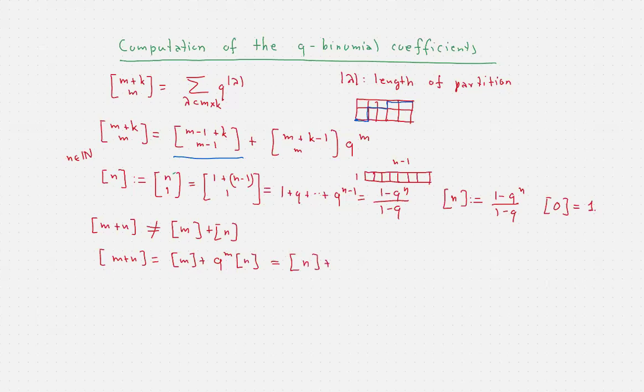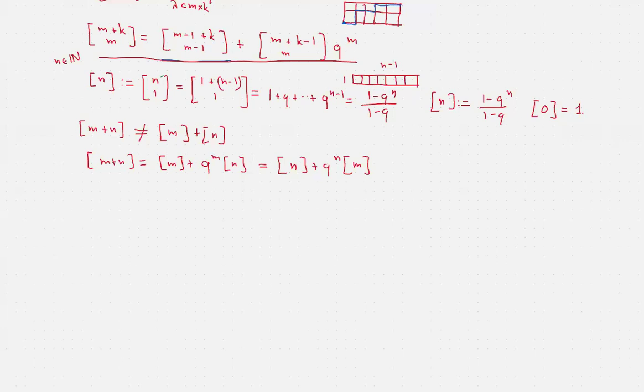And of course, this can be proven by a simple computation. So this is part of this combinatorial identity, but it wouldn't be hard to actually prove it directly. So let's just do it so that we can see how it's done. So here we have 1 minus q to the m plus n over 1 minus q.